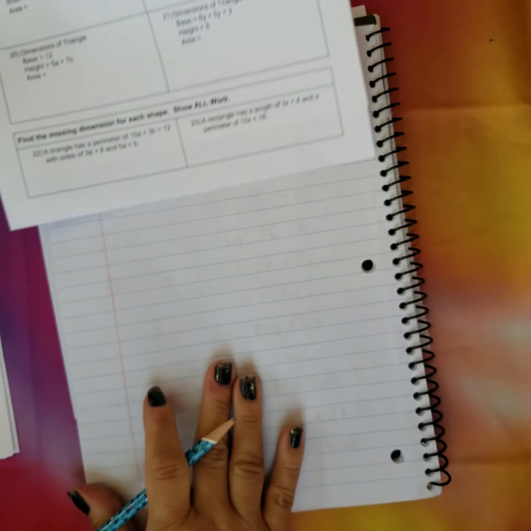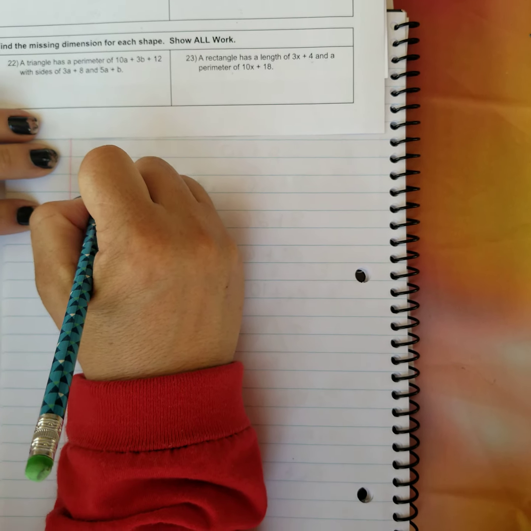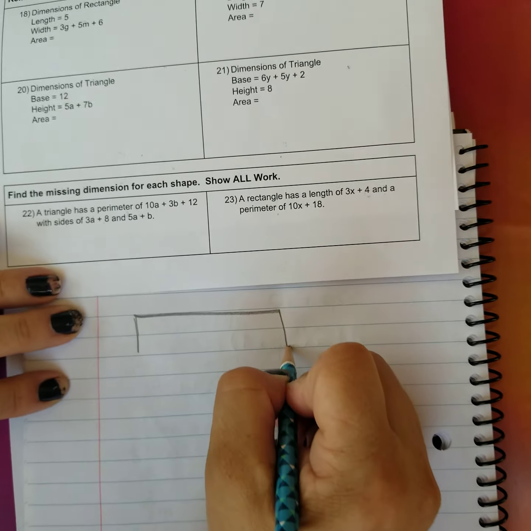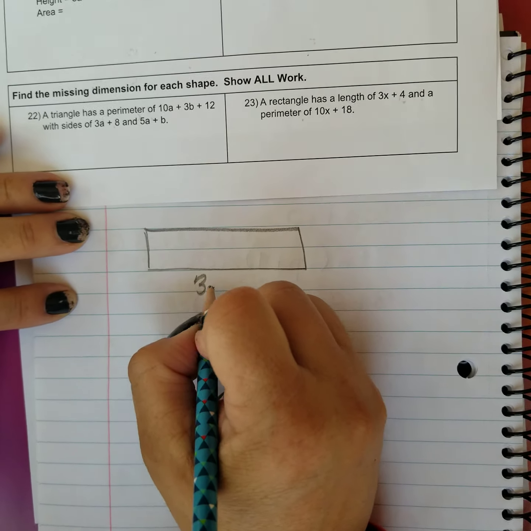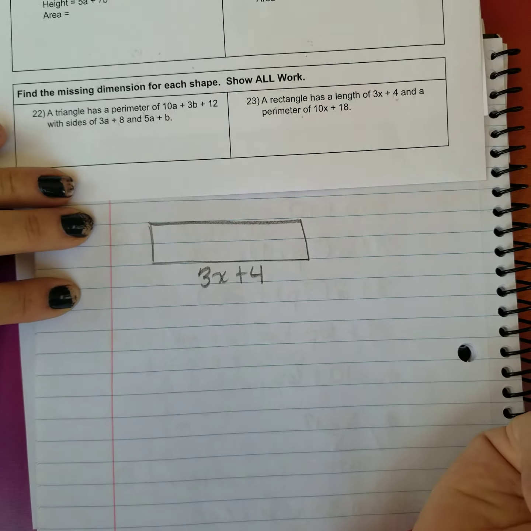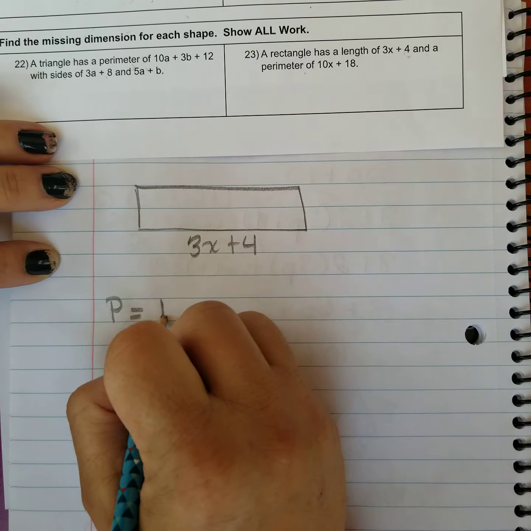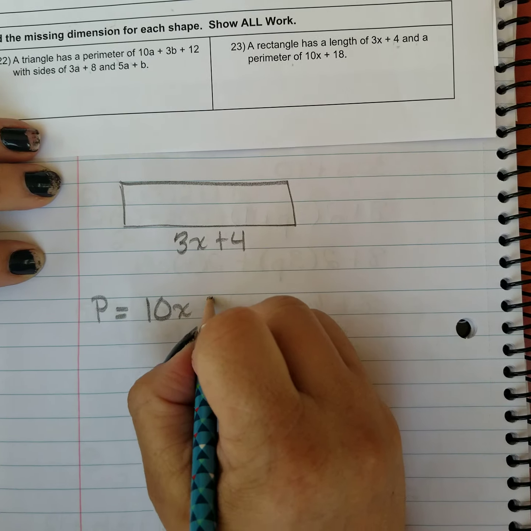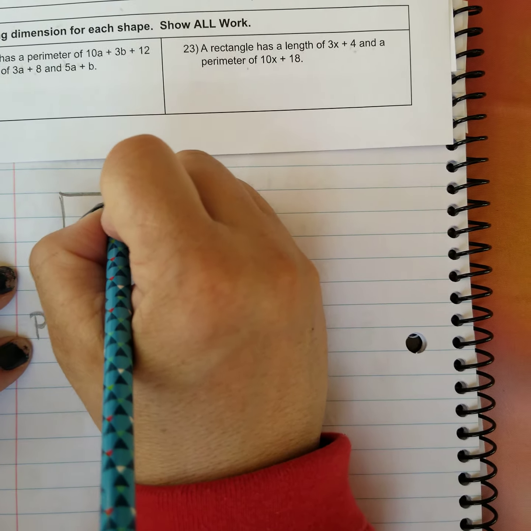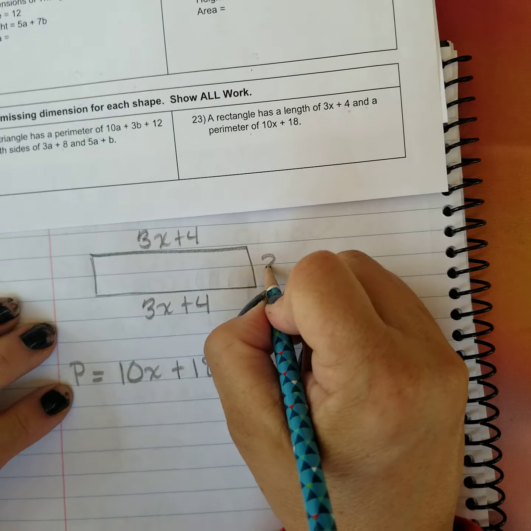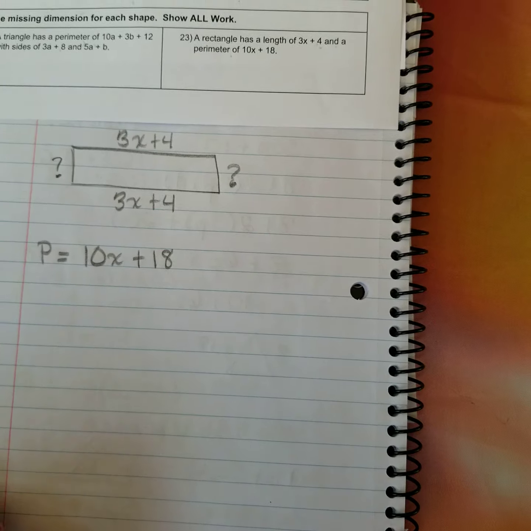23. A rectangle has a length. So here, let's draw a rectangle. A rectangle has a length of 3x plus 4 and a perimeter of 10x plus 18. So this would be 3x plus 4. We have no idea what this is or that. So how do we figure it out?